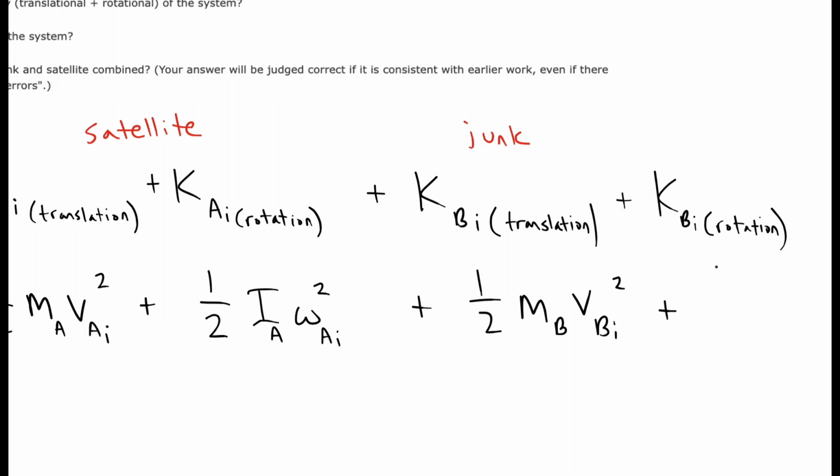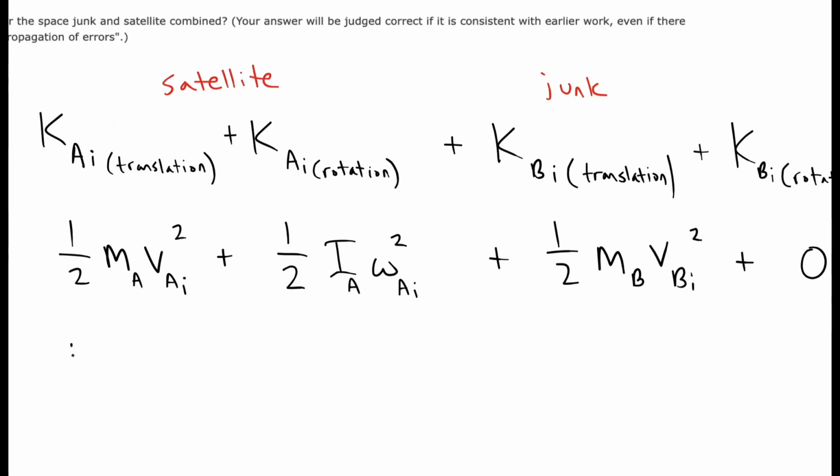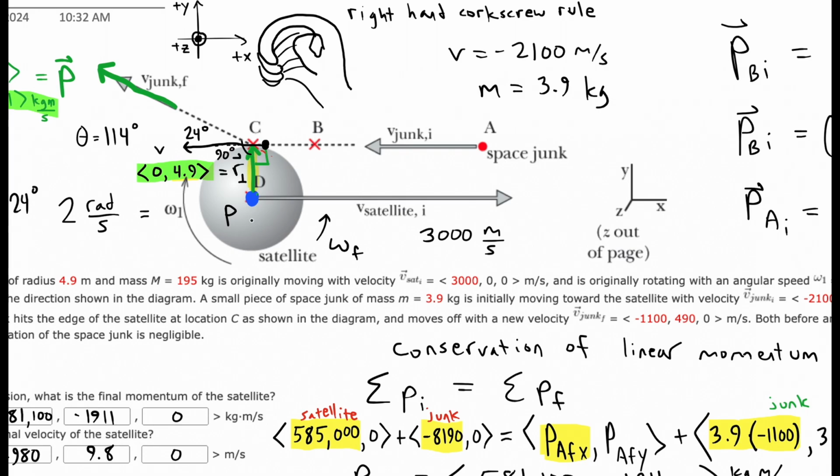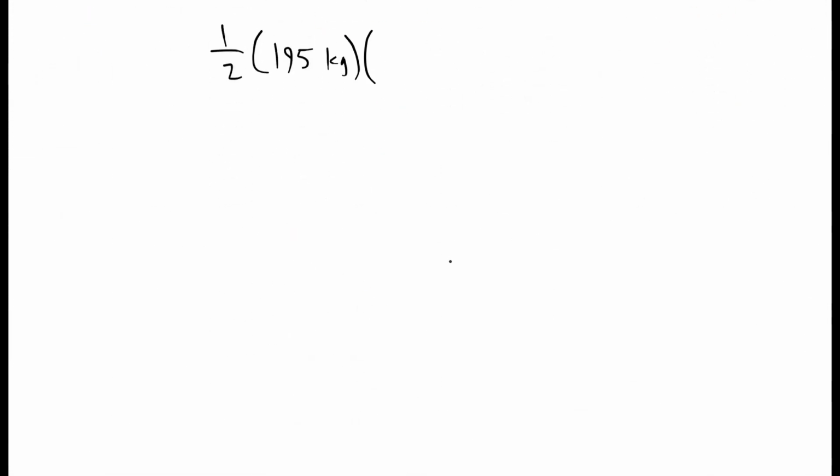When it comes to the rotation, though, they stated in the problem to consider the rotation of the junk to be negligible. So I'll just leave that as a 0. All right, let's plug in all the quantities. 195 kilograms satellite moving with 3,000 meters per second.